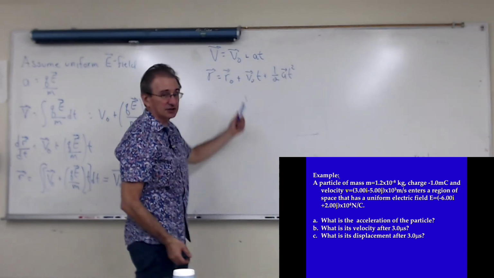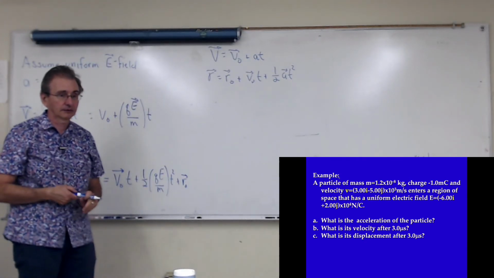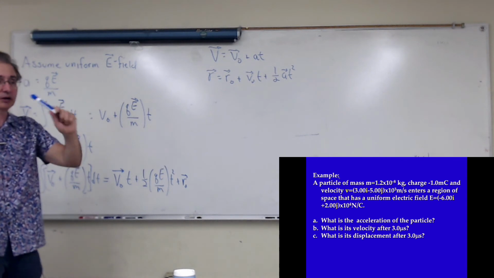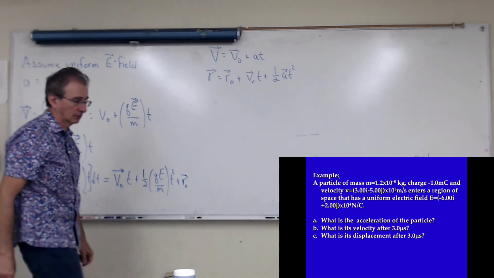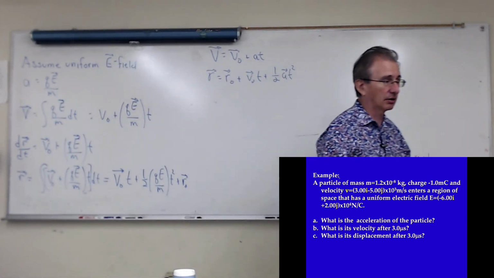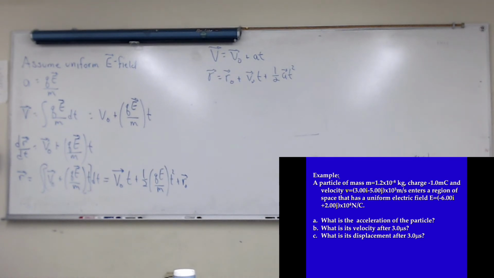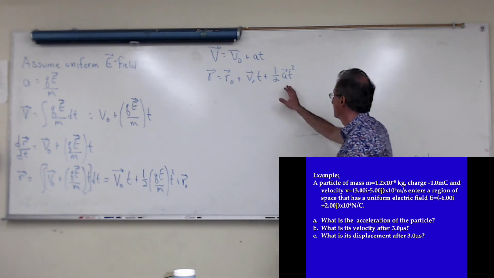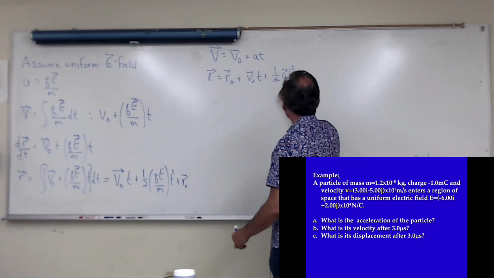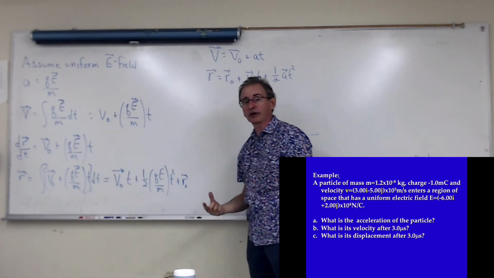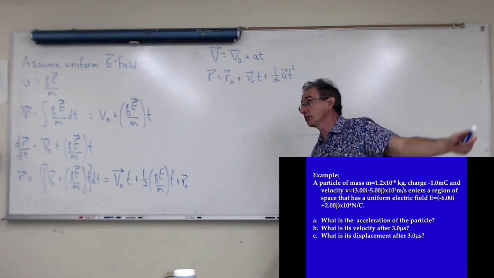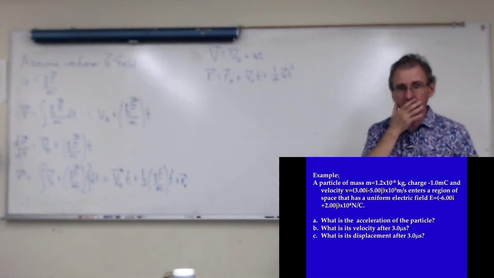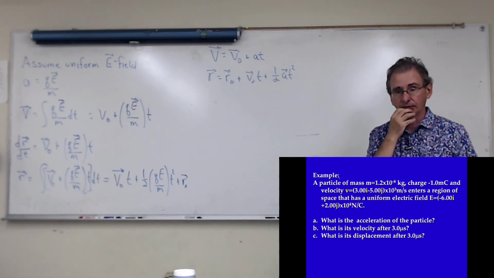This is motion at constant acceleration. So whether I talk about me taking a marker and throwing it across the room, or having a charged particle in a uniform electric field, the problem is the same. There's no difference. The only thing is the way we write the letter a. In this case, a has a special form, qE over m. When we're throwing an object across the room, a has the form g. That's the only difference. Okay, really, that's it.